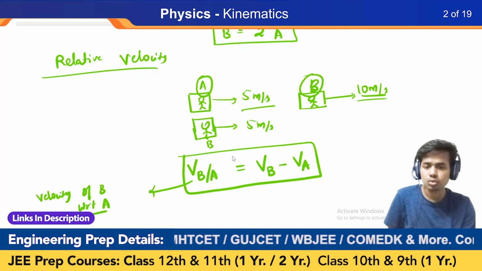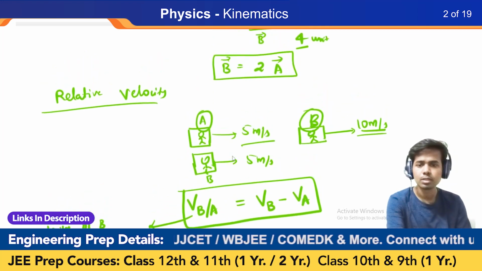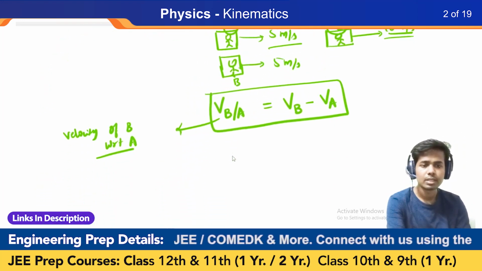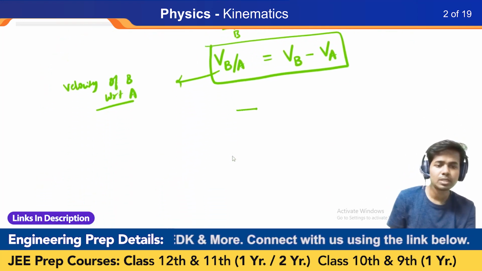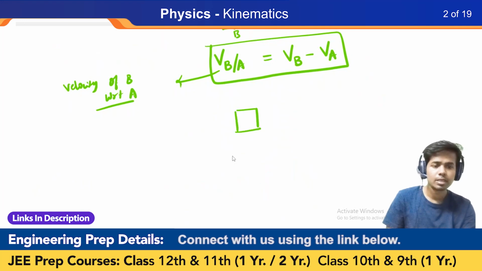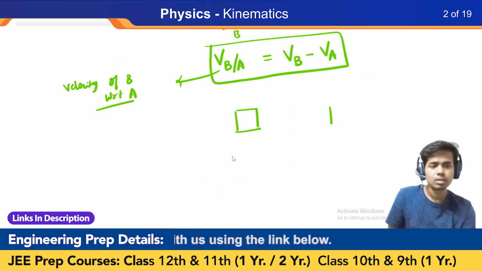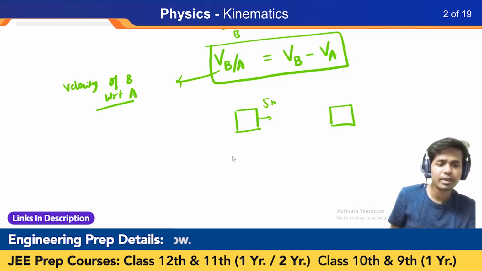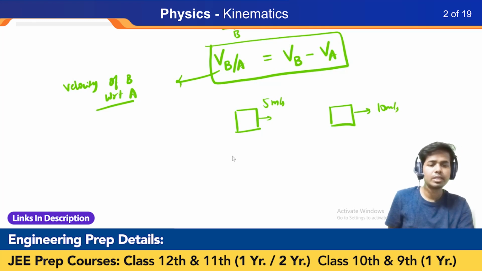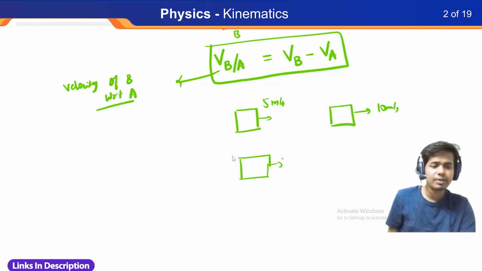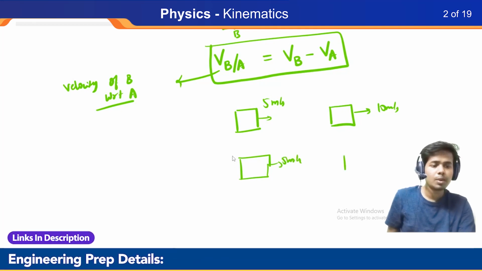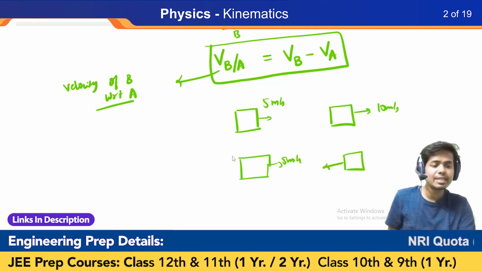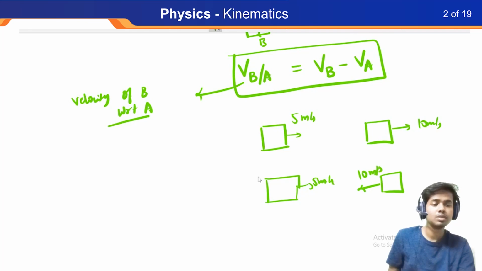Alright. So if the relative velocity is clear, I'll give you two different examples. Let's say there's an example in which you are moving with 5 meters per second and your friend is moving with 10 meters per second. But let's say you're moving with 5 meters per second in this case as well, but your friend is moving with 10 meters per second towards you.